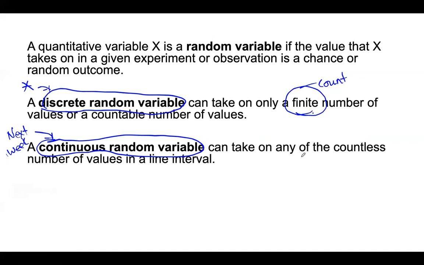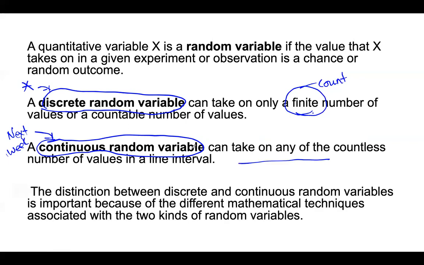A continuous variable can take on any of the countless number of values in a line interval. It's a very important distinction between discrete and continuous random variables because there are different mathematical techniques associated with the two kinds of random variables.